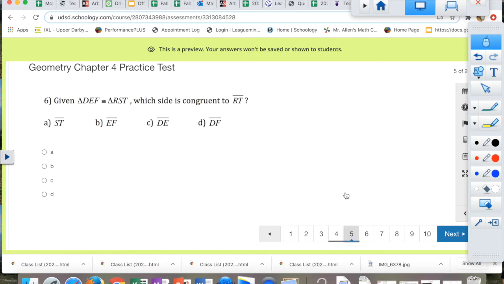When I like to do these, I like to draw my triangles like I did in the previous problem. So I have triangle DEF. Now remember how we named that. And I'm going to draw the second congruent triangle, which is RST.